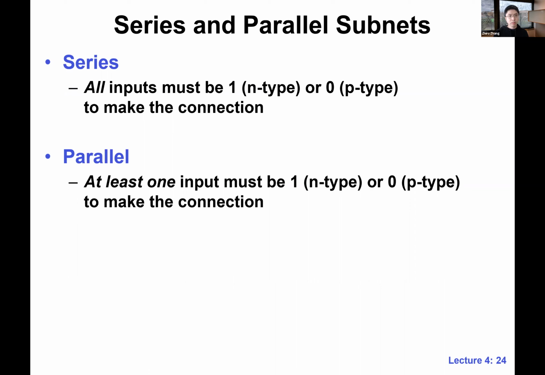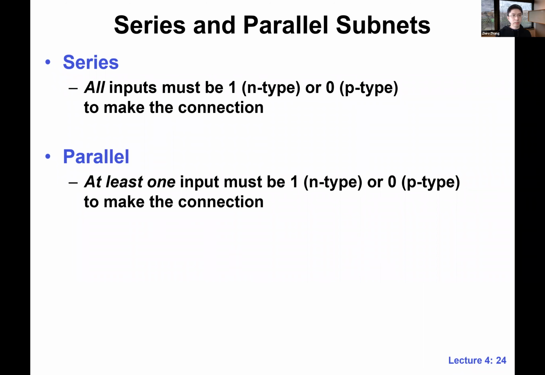All switches on this series path must be on to have a connection. Make sense? For parallel, at least one of these transistors or switches needs to be on to make a connection. Hopefully you see the analogy here.